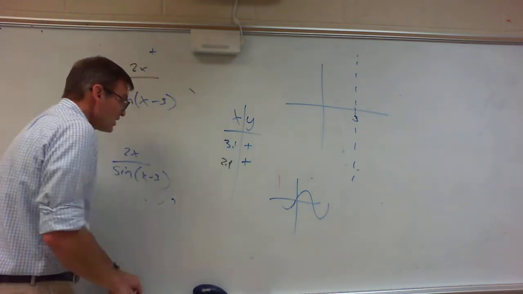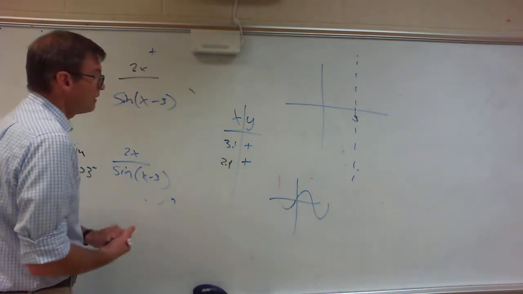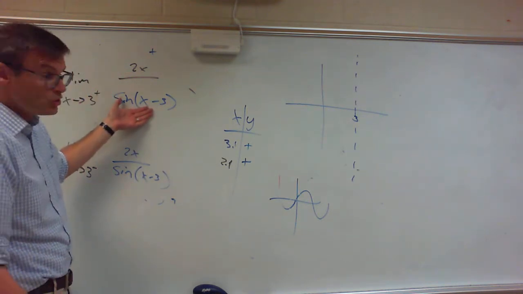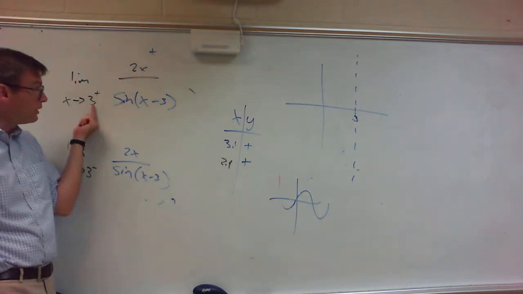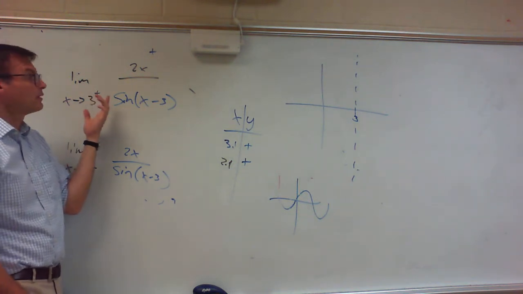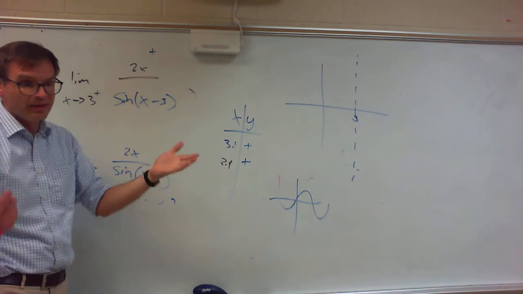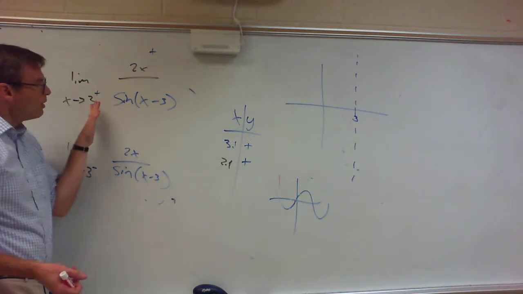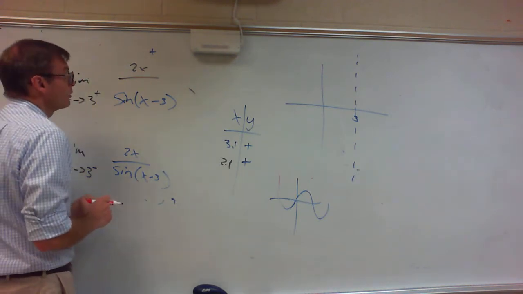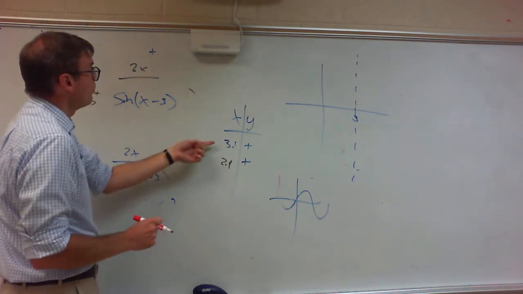Right? So now when I plug stuff in, let's say sine of 0 is 0, so as we're approaching from the right, when I plug 3 in, I get a vertical asymptote. So I care about what's happening if I go 3 from the right. Well, let's see, if I go 3 from the right, I'll plug in 3.1.